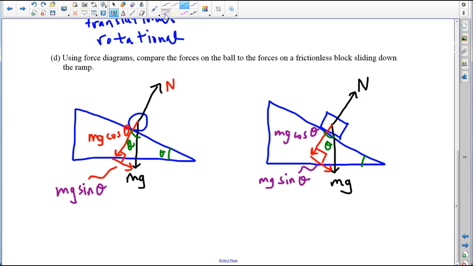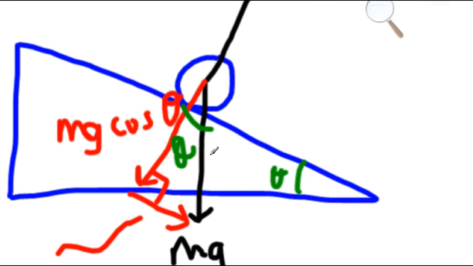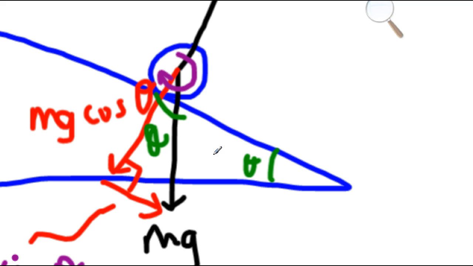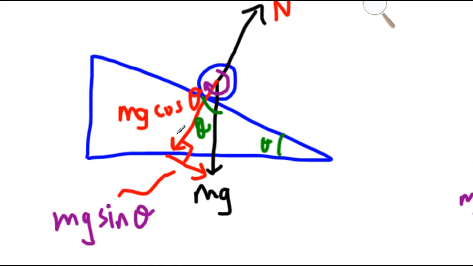Let's draw an arrow showing which way it spins. It's going down, so it's spinning like this as it rolls down. So if it's spinning like that, but it's speeding up, which way does the friction force have to point?